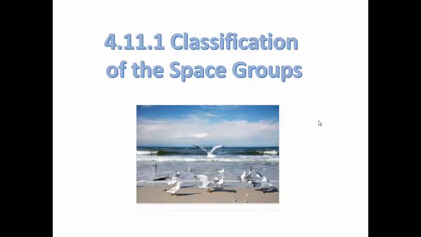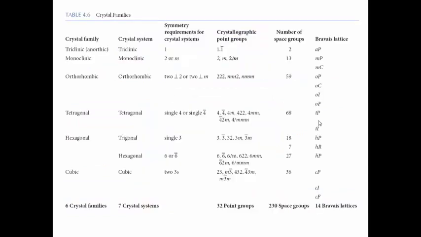Well, now let's classify the space groups. Well, this is a review. Here are our crystal families, and our crystal systems, and our requirements for the system, which for triclinic is the identity.